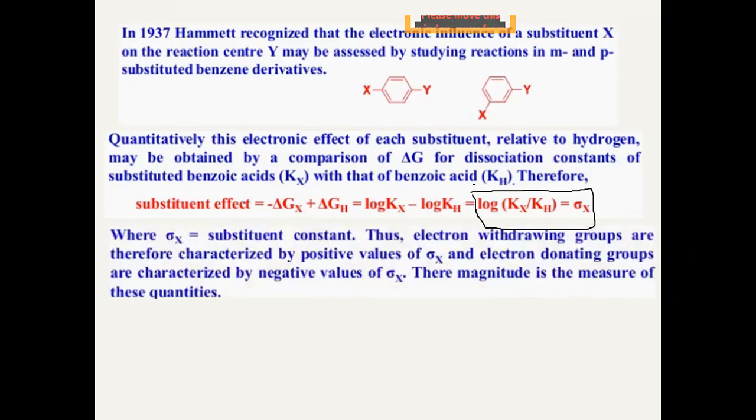See, what is sigma x? It is called the substituent constant or directly the Hammett constant. Remember, this sigma x is nothing but the substituent constant, or we can say Hammett constant.